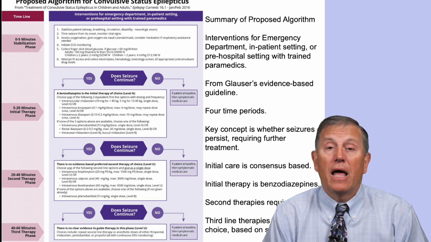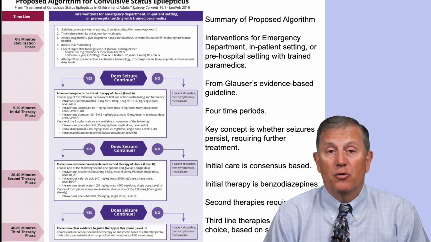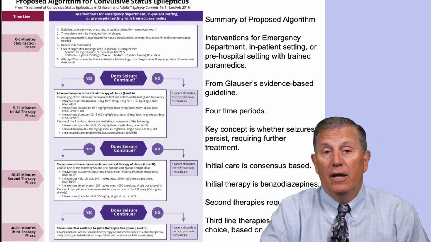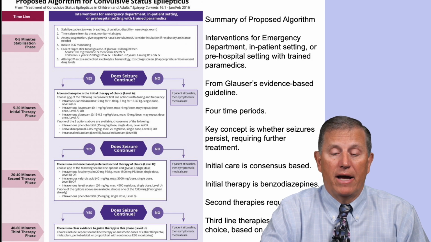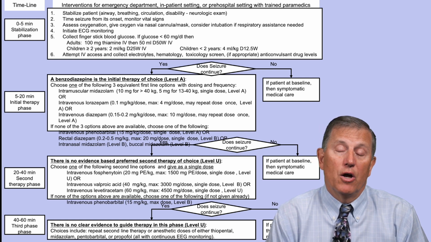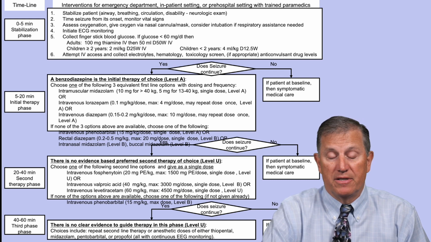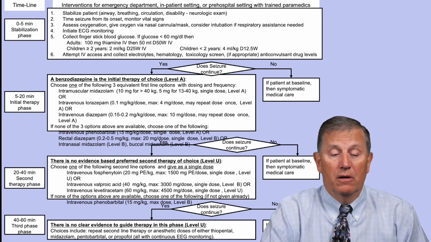And the third line therapies are also choice-based and are related to what's available in the system in which a particular provider practices. This again is the graphical representation of the flow diagram or algorithm for the treatment of patients with seizures and status from the Glauser clinical guideline.